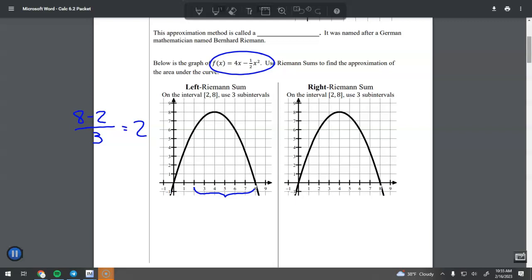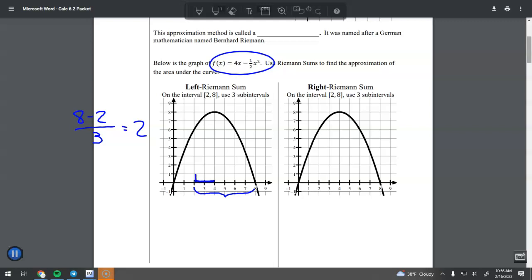Okay, so my first rectangle has a base going from 2 to 4. I need to find the height of that rectangle. The height is determined because I'm doing a left-hand sum. The height is determined by the left side of that base. So what's the leftmost number in my base from 2 to 4? 2, right?